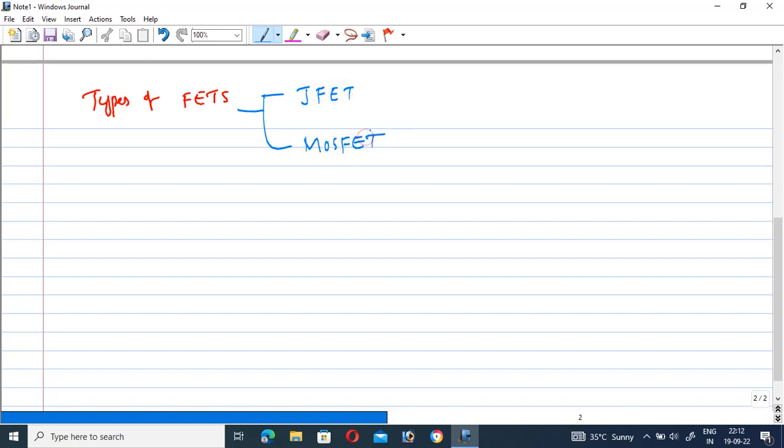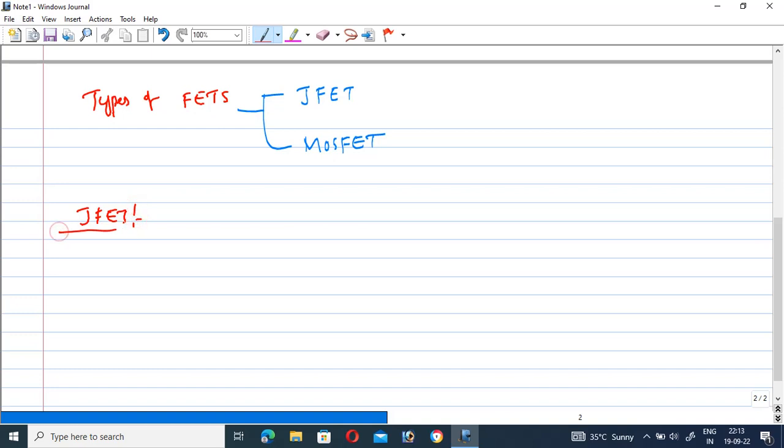JFET is the junction field effect transistor, and MOSFET means metal oxide semiconductor field effect transistor. Instead of studying the MOSFET first, we will see what is meant by the JFET, the junction field effect transistor.